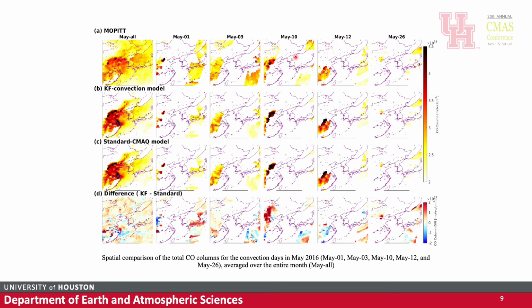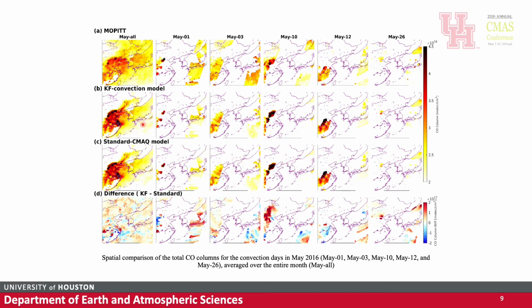To see the general transport impact from a satellite view, we try to compare the CO columns of the simulations with the MOPITT observed CO column. And we compared it for the whole month of May, and for the different days that we saw convection during the KORUS-AQ campaign.